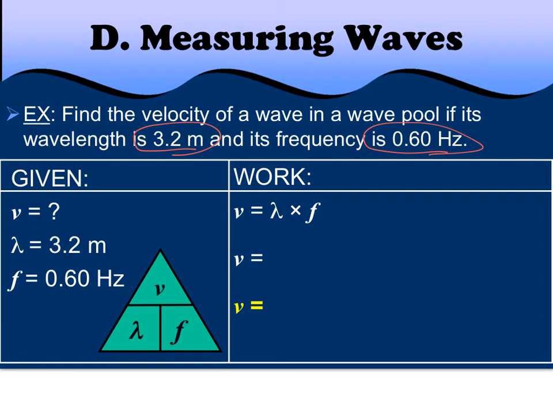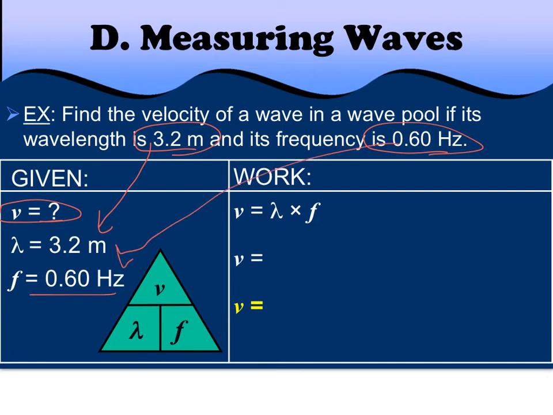Notice that, and this is really important, you write down the details of what you know. On the left you see the given. First of all, what we're looking for is velocity. That's why there's a question mark. The wavelength is what we know, so we write it down there. And we also write what else we know, which is the frequency, right down there.